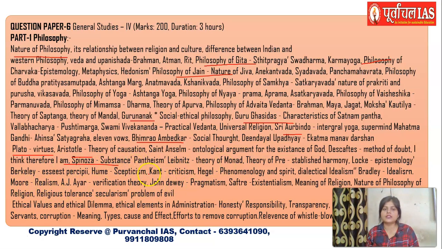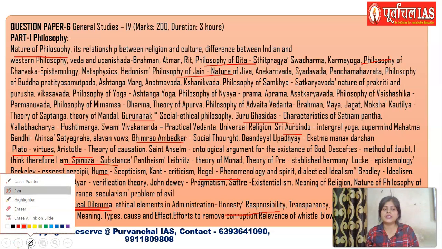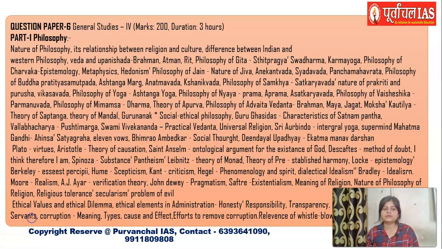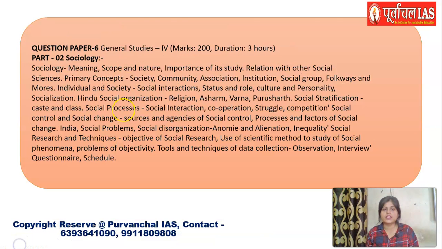Like you have Kant, you have Hume, you have Hegel. So you need to cover all of these. And apart from this, in the philosophy only, there is ethics also being covered. Here you can see ethical values, ethical dilemma, honesty, responsibility, etc. are the part of nature, like paper 1 of question paper 6. Part 1, question paper 6.